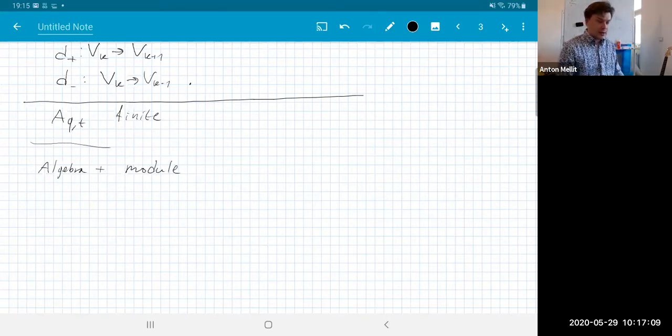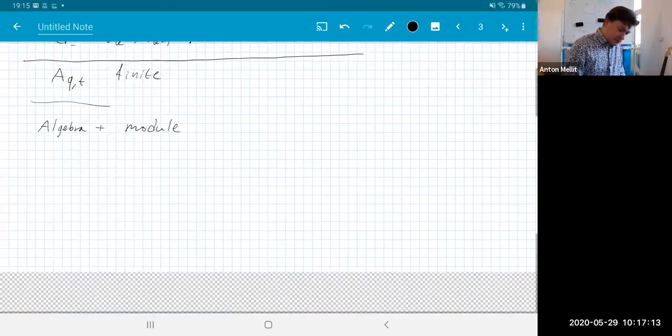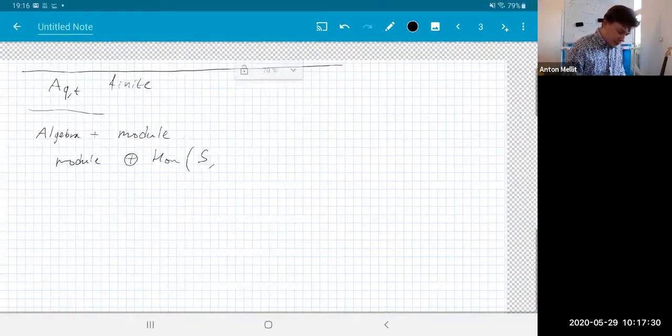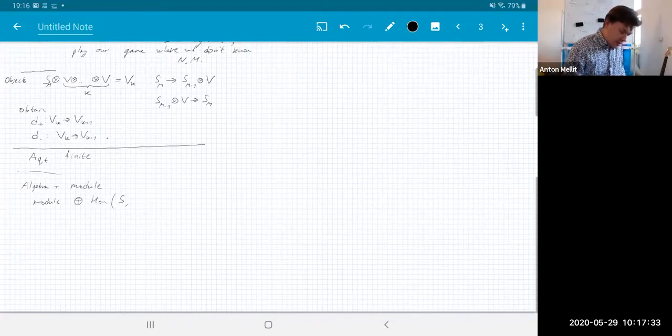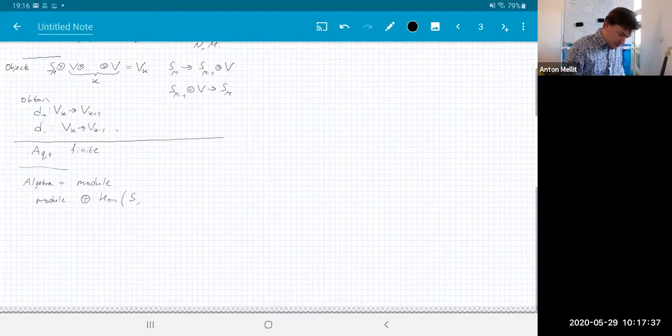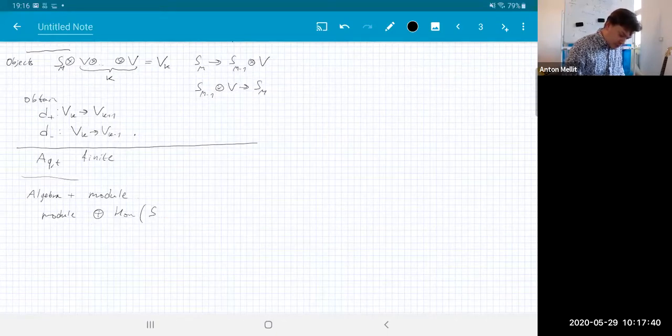The module in this case in the pictures is given by Hom from S, the direct sum of everything you can get out of these operations.